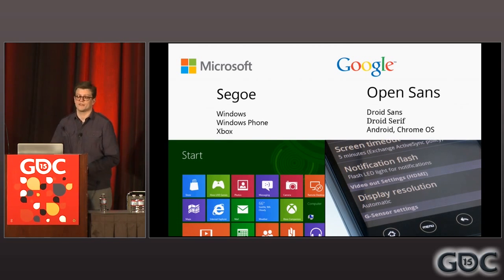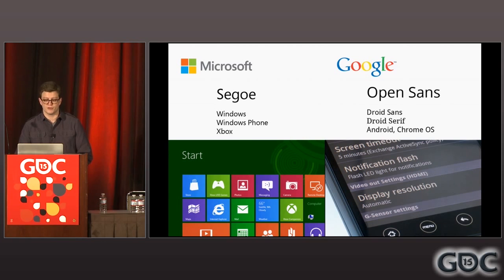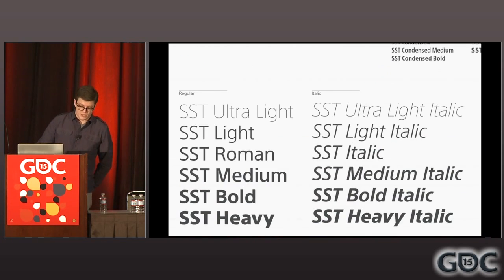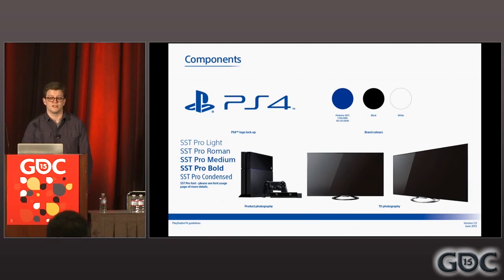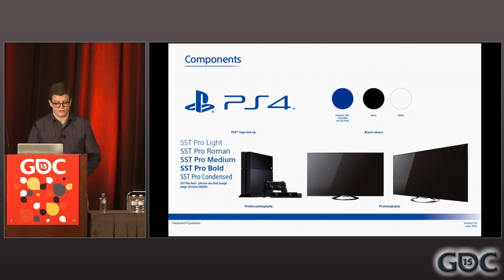We've done a lot for Google, like Open Sans and some interface fonts for Android before they switched to Roboto or Chrome OS fonts. We also recently designed a typeface for Sony called SST, which is used on the PS4 and in the PlayStation Store on PS3 too. Pretty cool.